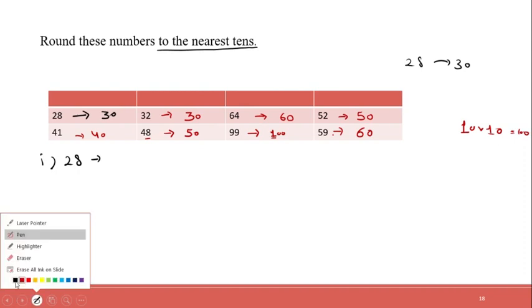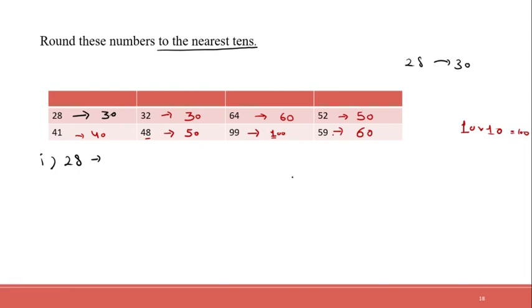Got it? Now I want to ask one more question. Here I have a number, 1,254. Just round it off to the nearest tens digit. How will you proceed? For nearest tens, we will not change this 100. So we'll write 2 here, and now we are left with 54.